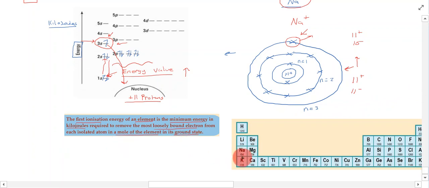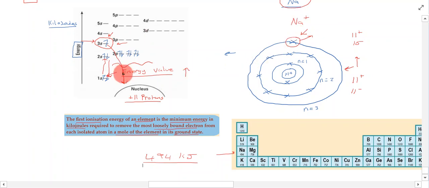This here is the first ionization energy for sodium, and we can see that it's 494 kilojoules. So that's how much energy it takes to strip off this very first electron and turn sodium into an ion.